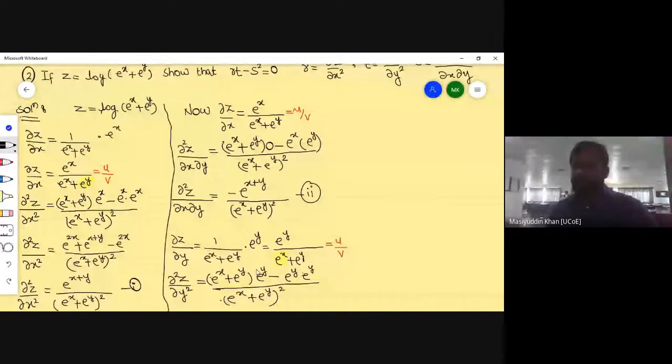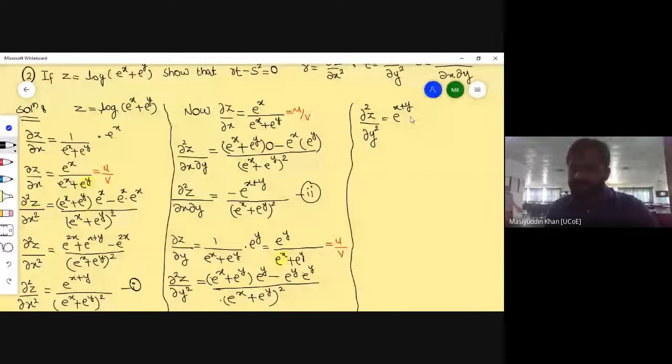Now further we have to write dou square z by dou y square, which is equal to, we have to simplify, e raised to y into e raised to x, so it becomes e raised to x plus y, and e raised to y into e raised to y becomes e raised to 2y.